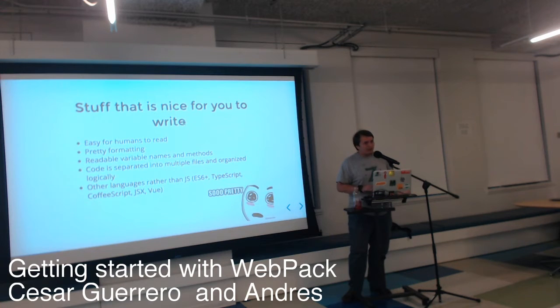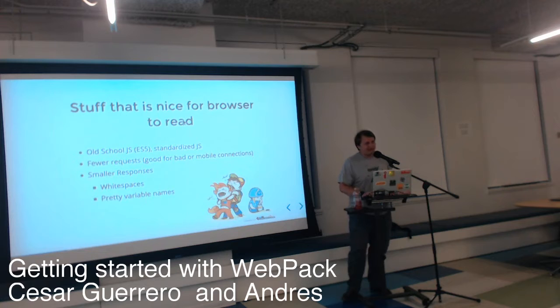And maybe you will have your code separated in multiple files and organized in some folders with some logic to that arrangement. Or maybe you are not writing in vanilla JavaScript and you are using ES6 or TypeScript, CoffeeScript, JSX, Vue, whatever. So you will need to transpile those languages into JavaScript for that to be loaded and run in the browser.